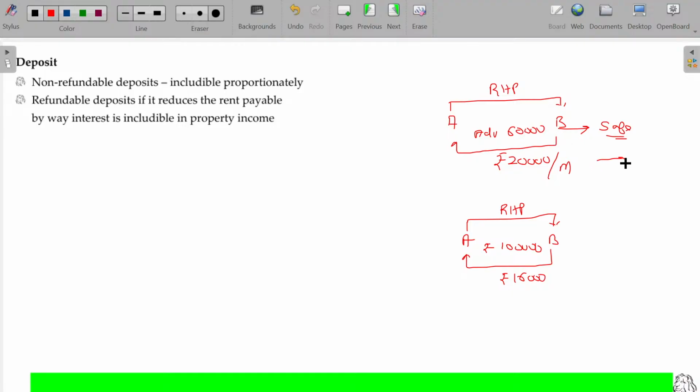Then your income from house property being 20,000. In this case, 1 lakh. Up to 60 may be for the safeguard purpose. Another 40, no. Because of the excess amount he collected, at the time of vacating the property, only 60 is going to be refundable. This 40 is not refundable because it's anyhow adjusted for this payment.